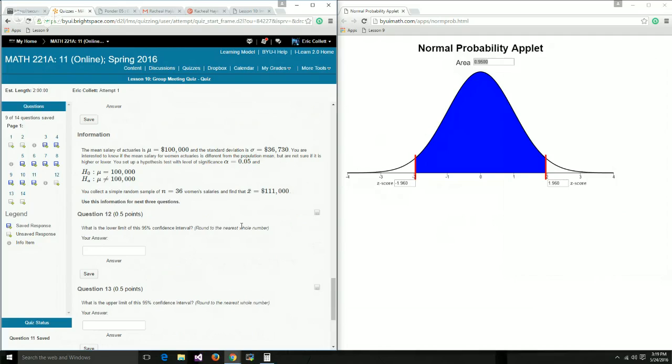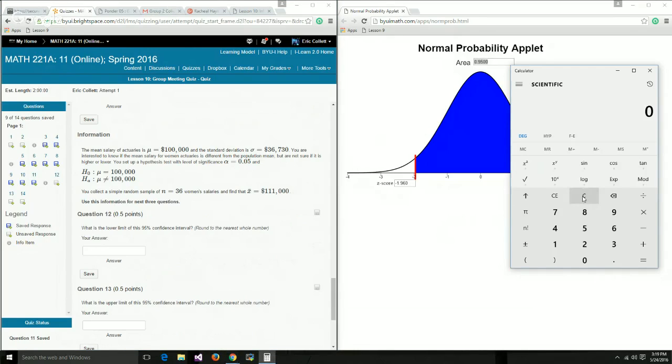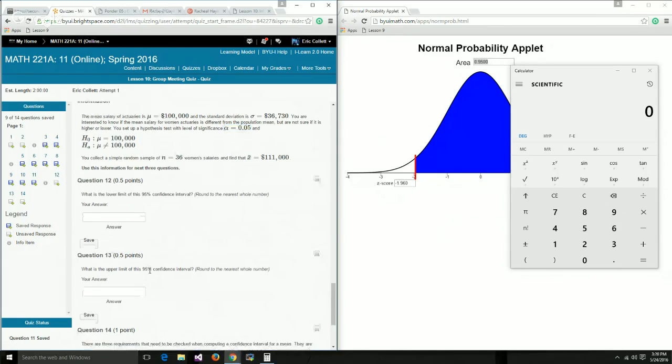Like you said earlier, this is just to distract you: set up the hypothesis test with a level of significance of 0.05. So we don't need this for question 12 at least, or 13, because it's just asking for the upper limit and the lower limit on both of these. And we have the 95% confidence interval, so we just need to find the margin of error first.